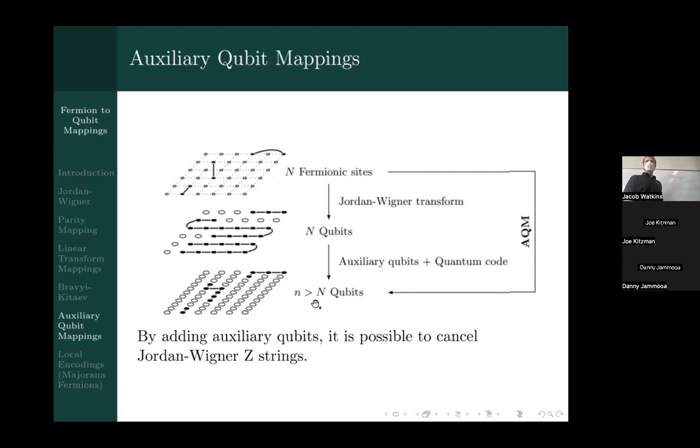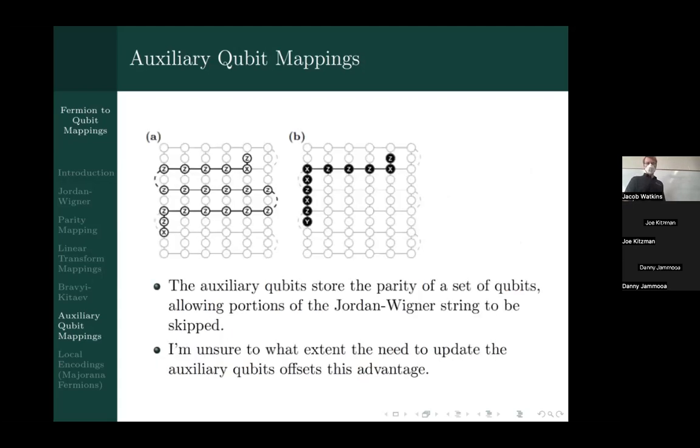The main principle of an auxiliary qubit mapping is that you add in the auxiliary qubits, and then you can cut out the strings, fading away to cancel the long Z strings. You do this by storing the parity of sets of qubits in the auxiliary qubits, so that instead of visiting all of the qubits to compute the parity, you can just visit an auxiliary qubit that has a parity stored on it.